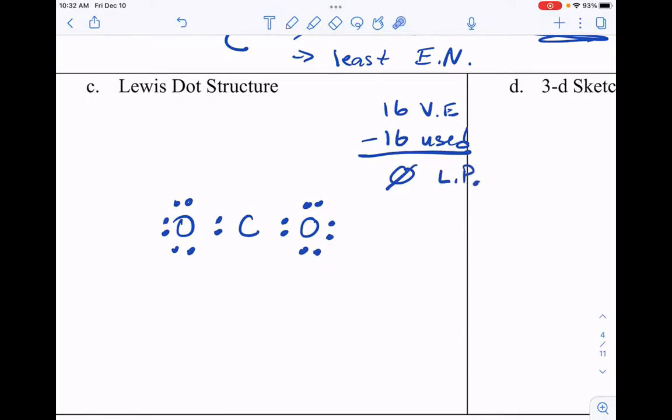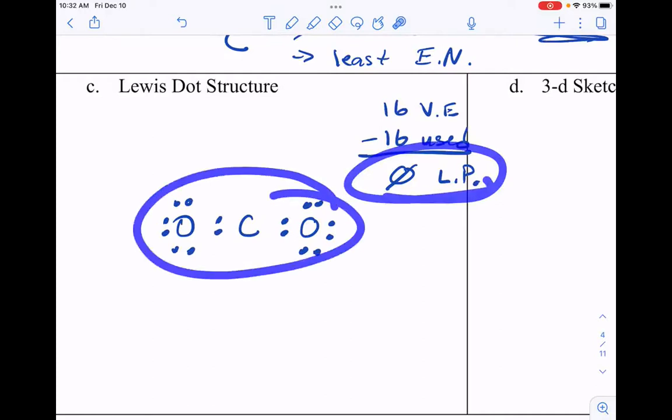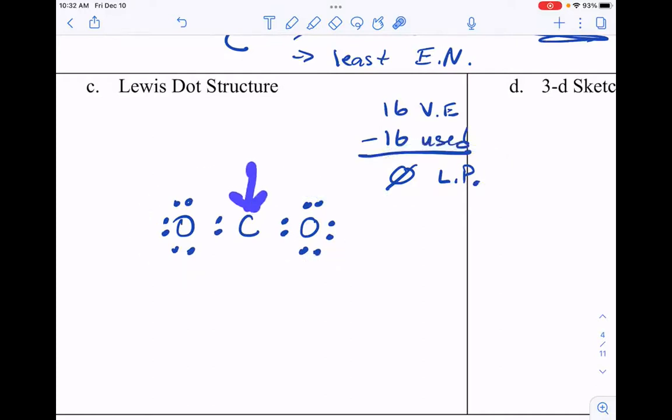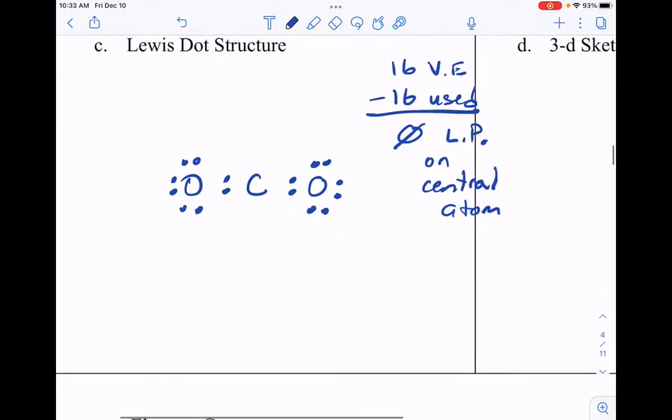So if I have 0 lone pairs in my calculation, my final structure's central atom will not have any lone pairs. So no lone pairs on the central atom. Okay. And with this third piece of information, it'll help us finalize this Lewis dot structure.